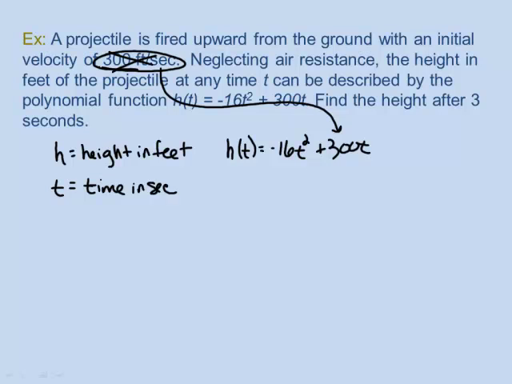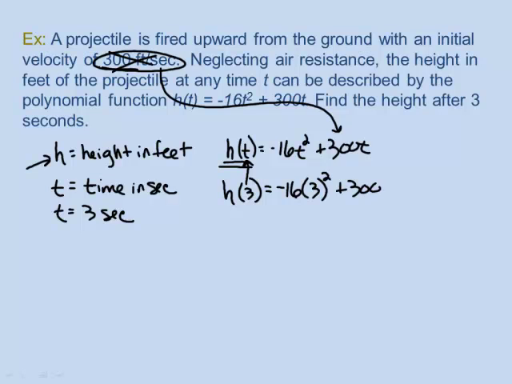They give you a time value, so they tell you that t is equal to 3 seconds. They simply want you to find the height at that particular time. In other words, they want you to find h of t. Okay? So the height at a time of 3 seconds is given by this equation. We want to put 3 in for all of the time factors. So we've got negative 16 times 3 squared, plus 300 times 3.